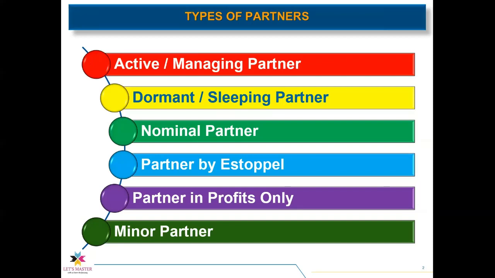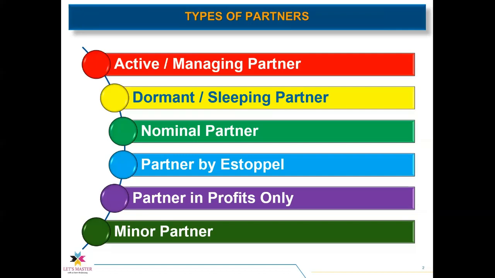But the person whom they are intending to introduce has not attained the age of 18 years. But still, he has been appointed as a partner, then he would be considered as a minor partner. And there are some special provisions to protect the interest of a minor partner.